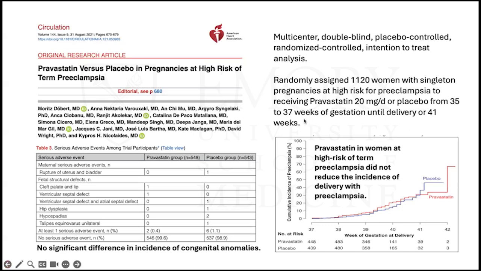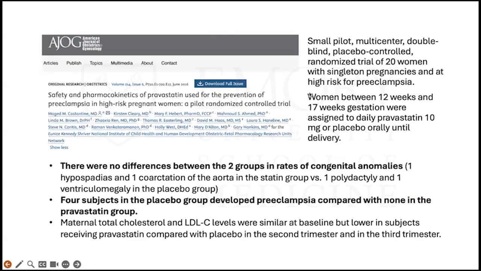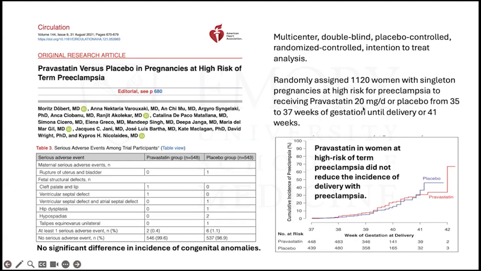And so that's why, different from the pilot studies that started earlier, in the second trimester, in this study they started giving the pravastatin between 35 to 37 weeks of gestation.